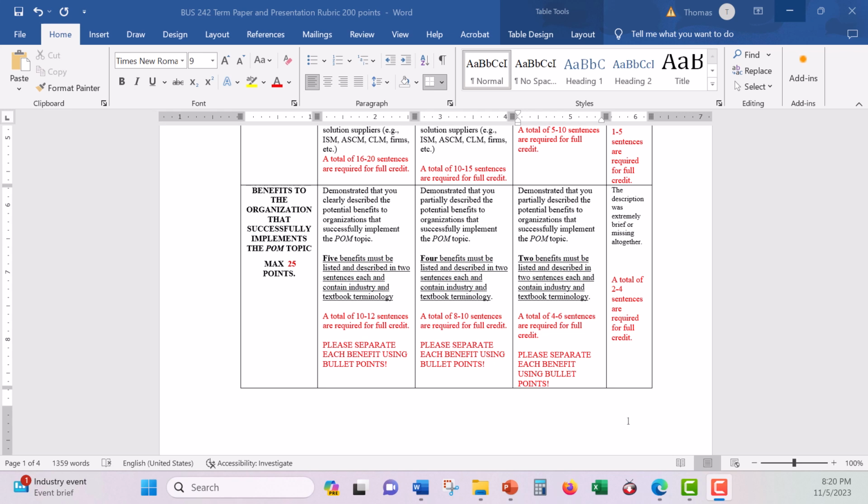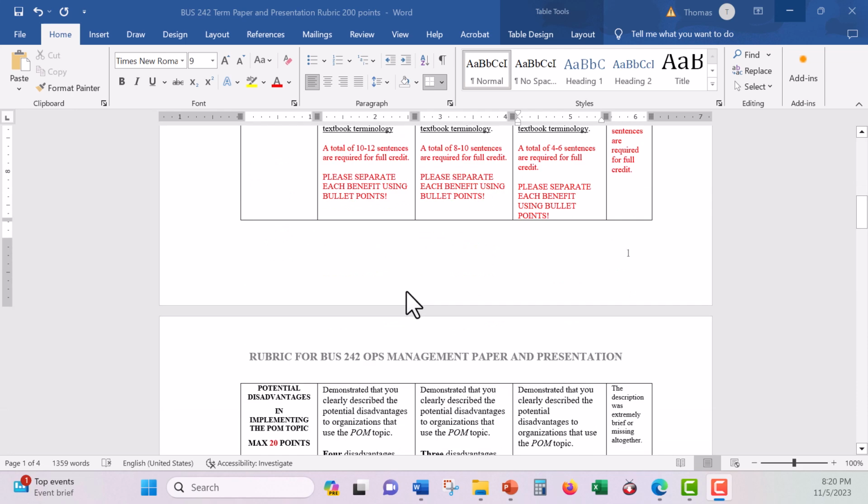That would be very beneficial if, say, you're starting up a restaurant or you want to have some distribution center and so on. So there are a lot of different things, and what I want you to do is list those benefits, with at least 2 sentences describing each one, and use the kind of terminology one would use to describe that topic.